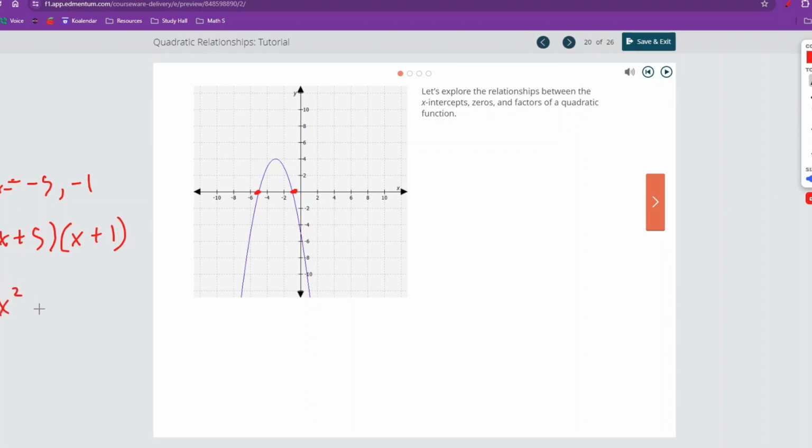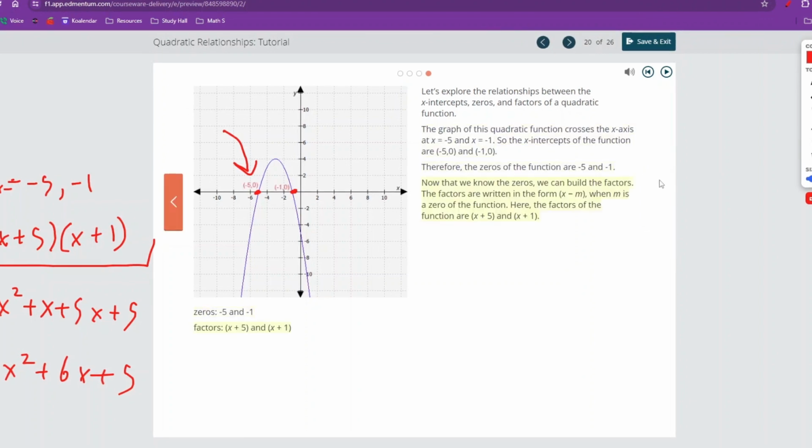So that'd be x squared plus x plus 5x plus 5, being x squared plus 6x plus 5. So we reverse engineered this equation from this graph by just looking at what the x-intercepts are. So that's definitely a good piece of information to have, a good tool to have in your belt. And it basically just explains exactly what I went over here. Read through it if you still need a refresher.